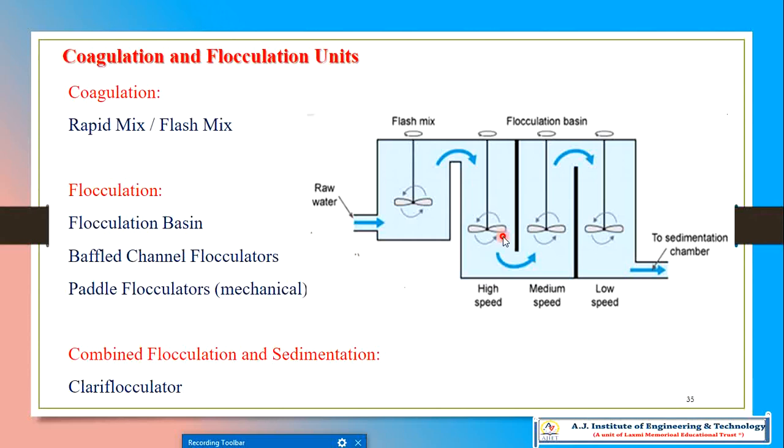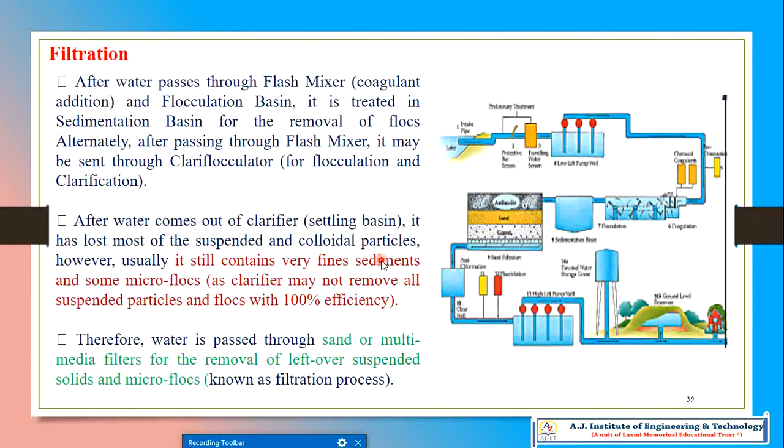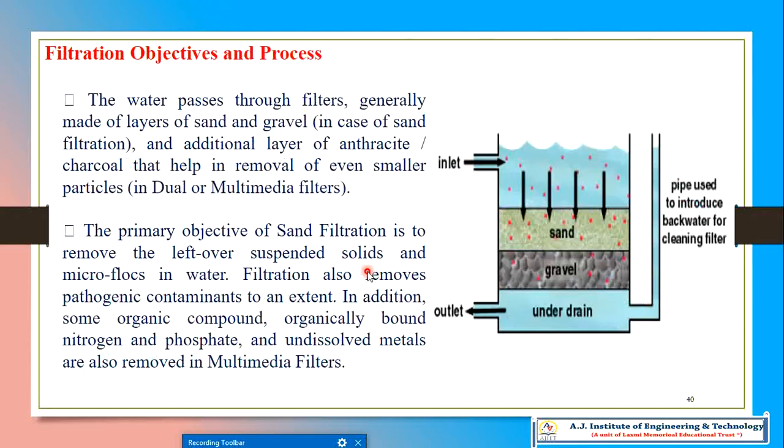From there, in the next part or next video lecture, we are going to take it to filtration. Why filtration is required, or what is the use of filtration, we will discuss in the next coming part.